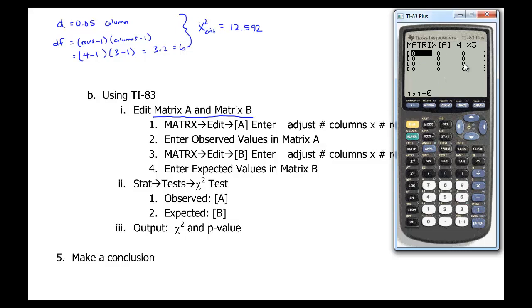So now you can see you have places to enter the values, and I'm going to put the observed values, the actual answers from the survey, into matrix A. So we had 34, 34, and 27 across the first row. We have 34, 27, 34.